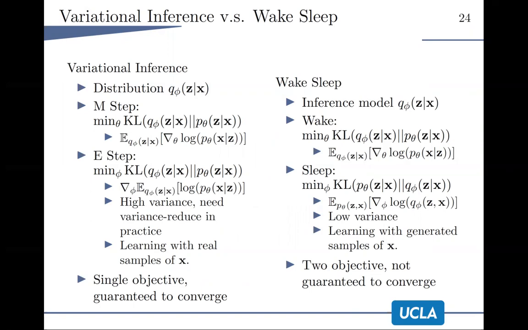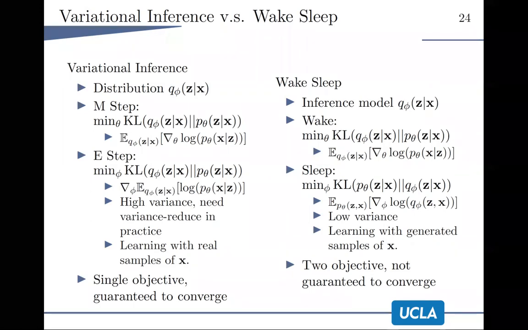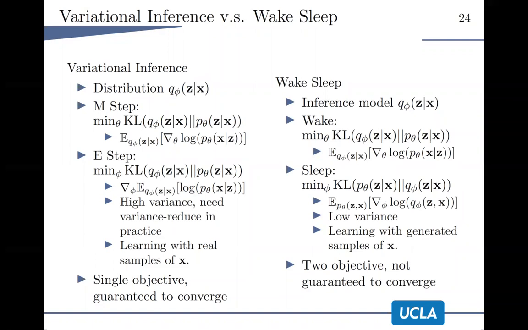So we try to find an approximate lower bound, and we maximize that lower bound instead. That lower bound is computed based on some KL divergence and some rearrangement, and then we get that ELBO. So for wake-sleep, what's the intuition behind this kind of inference?